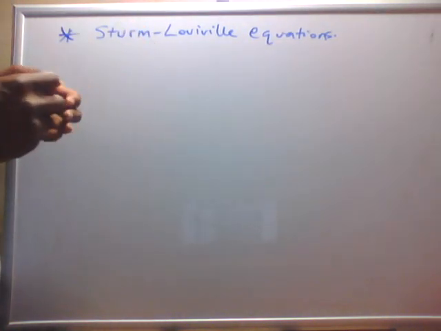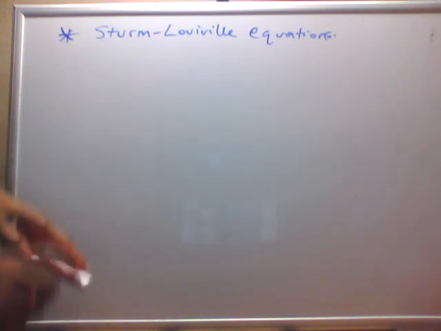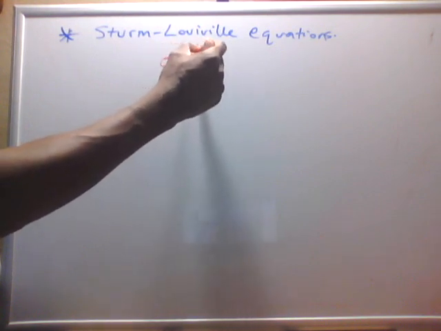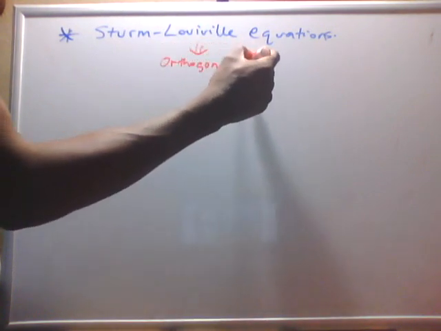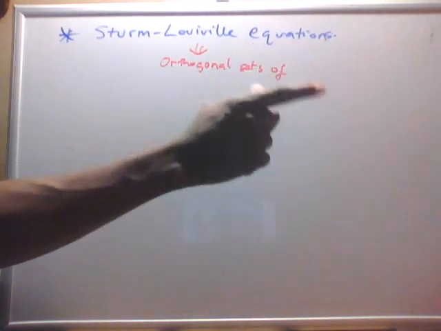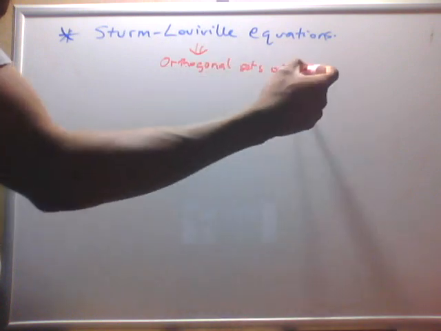What we saw was that they tend to yield orthogonal sets of functions as solutions with the appropriate boundary condition. The boundary conditions have to be correct for this to work. Orthogonal sets of functions.